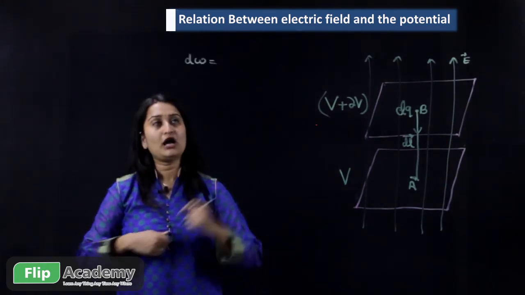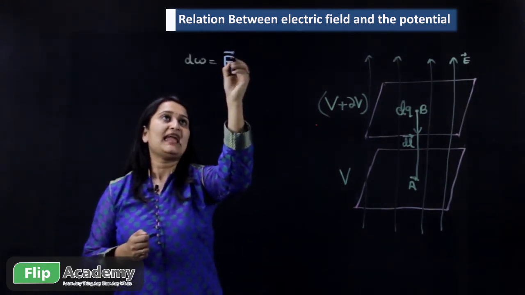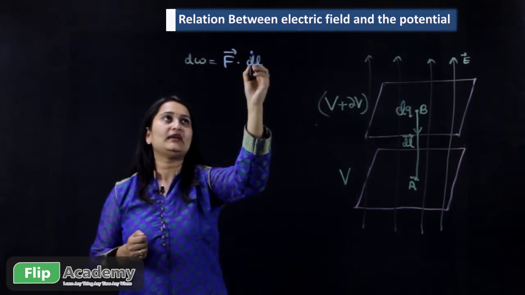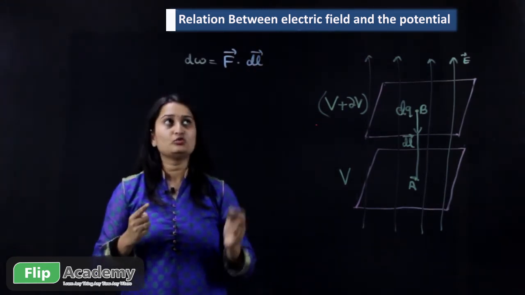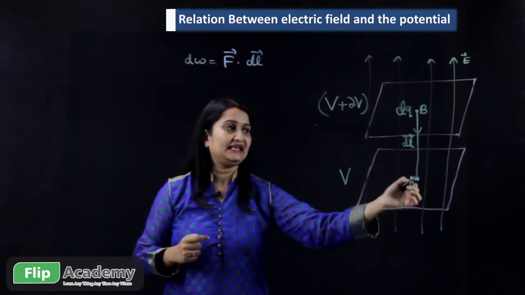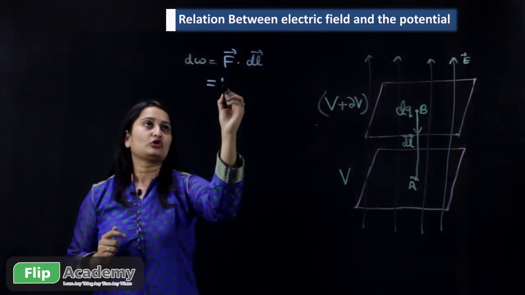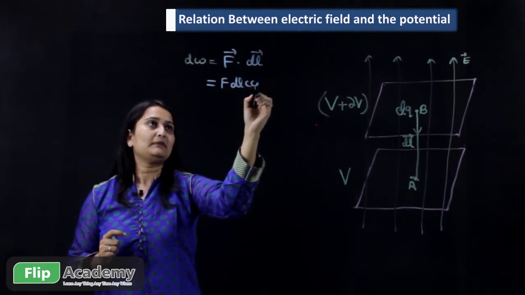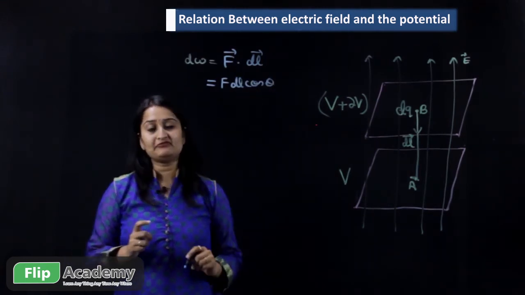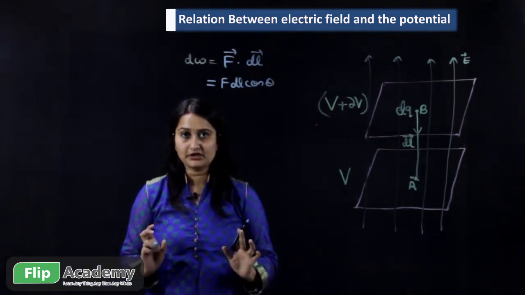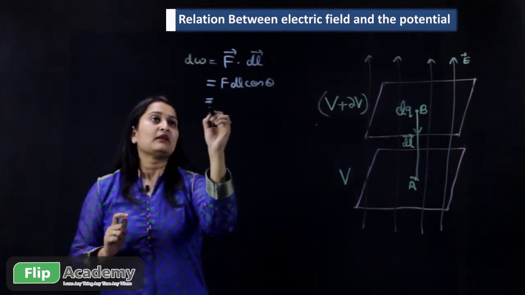We know the formula of work done, that is F dot dl. dl is the distance between the 2 points. So here the 2 points are B and A and the distance between them is dl. Now if I substitute the force by its magnitude, it becomes F dl cos theta, according to the dot product of vectors. Now what is force?